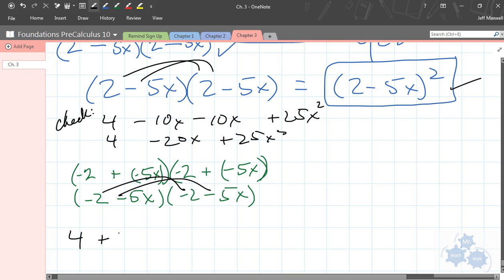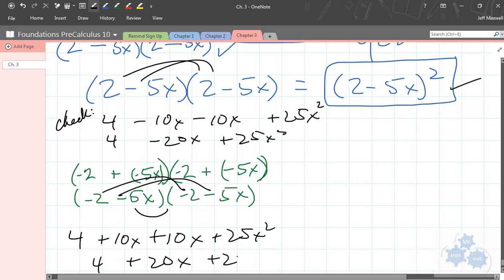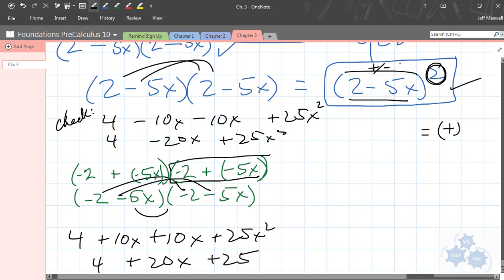You get positive 10x, you get positive 10x, and you get positive 25x squared. The problem is that this isn't the same as what you originally had, right? So if you tried this, you would still have to, because when you square something, you have to realize that you get the same answer. It's always positive, whether this inside is positive or negative. So you got to make sure you expand it out.